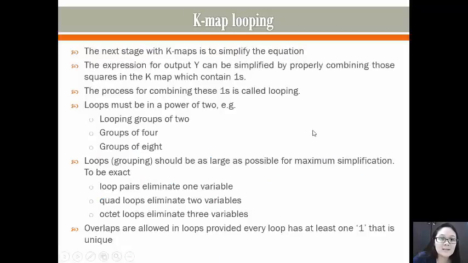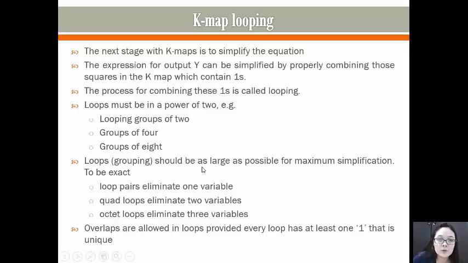Karnaugh Map loopings. The next stage with Karnaugh Map is to simplify the equations. The expression for output Y can be simplified by properly combining those squares in the Karnaugh Map which contain 1. The process for combining these ones is called looping, or normally we call it grouping. Loops must be in a power of 2, for example, groups of 2, 4, 8.